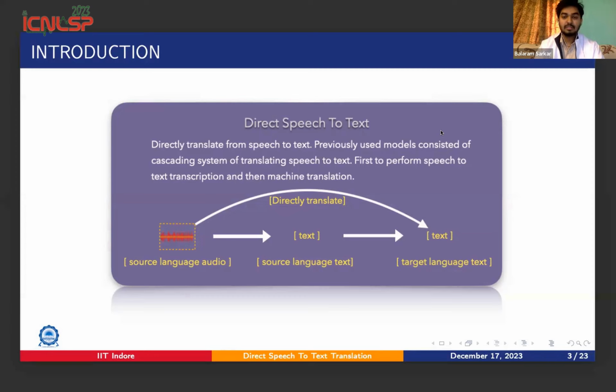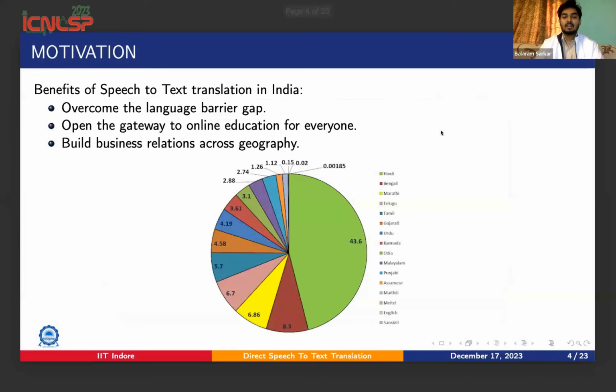I'll be talking about the motivation behind our project. India houses over 20 language regions, where more than 20 languages are being used, not only as a regional language, but even as an official language of that state or region.